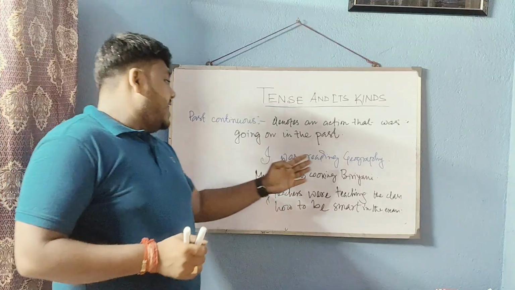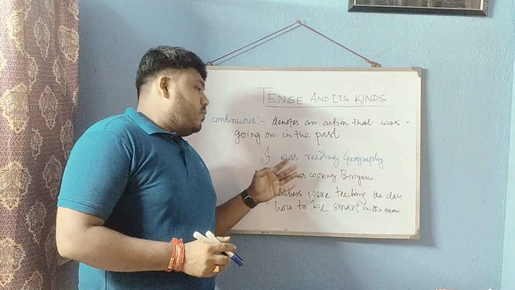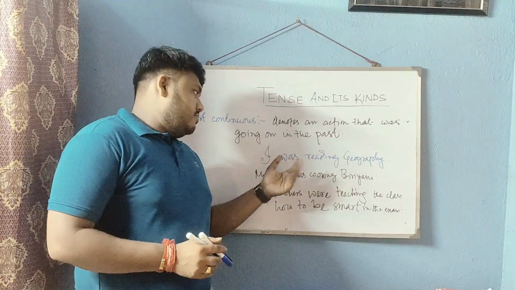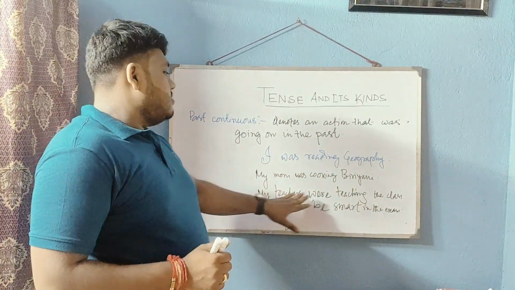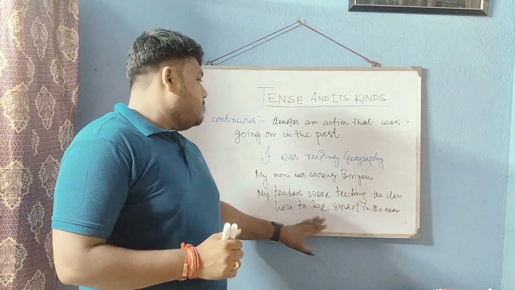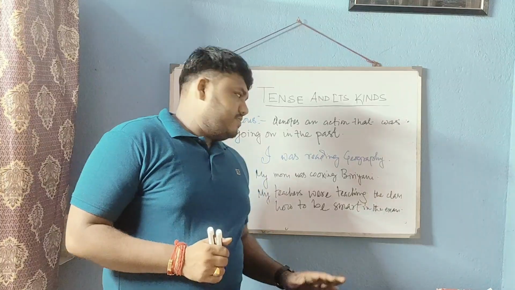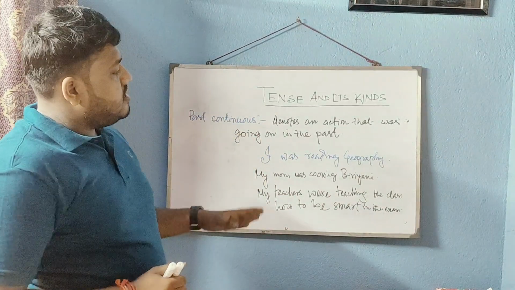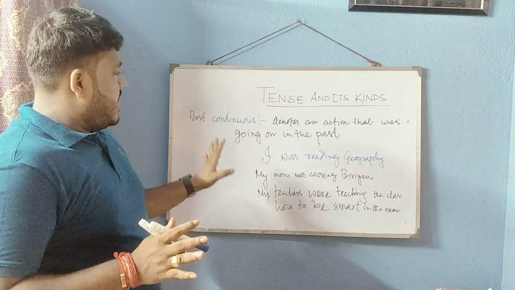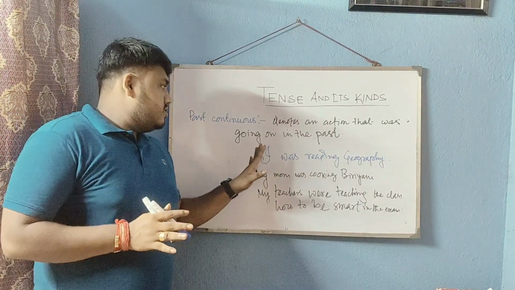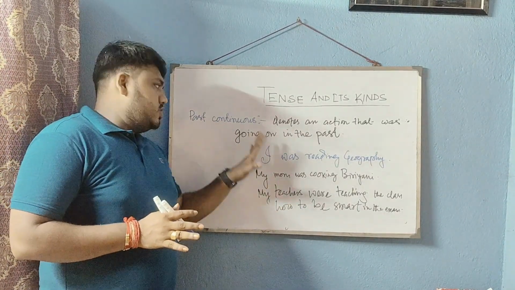So all the actions were happening in the past. These are actions that were happening in the past. Hence, they are called past continuous.